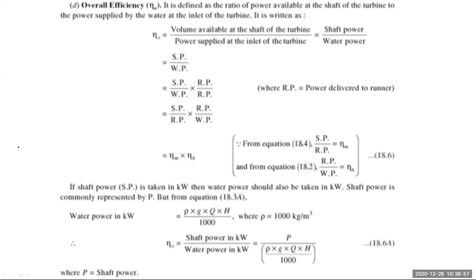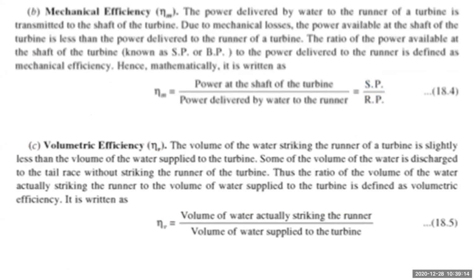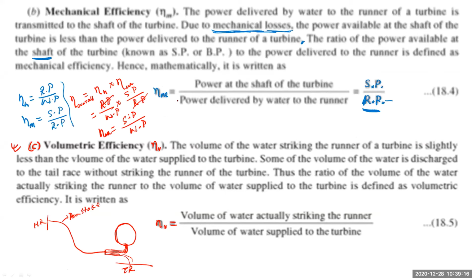Now, come to your overall efficiency. Overall efficiency means what input we have given and what output we are taking. As you see in the previous slide, I have drawn a schematic representation here. At this location, this is your head, or the water power that we are providing.